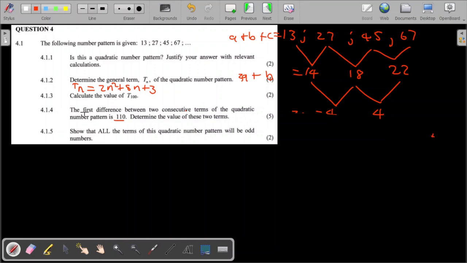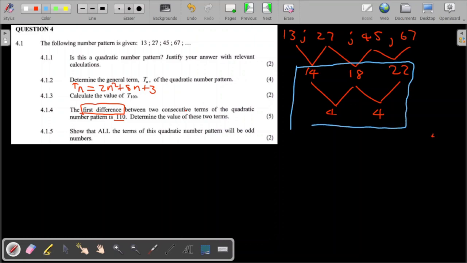They are telling us about the first difference of these two consecutive terms, so we need to deal with the first difference here because that's what they're talking about. When you're doing this type of question, because they do like this type of question, just go straight into your first difference. And this first difference is a linear pattern, as you can see.